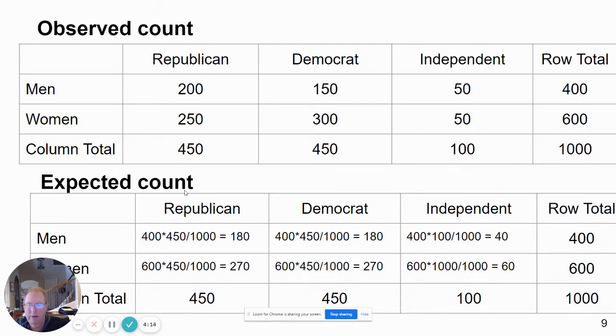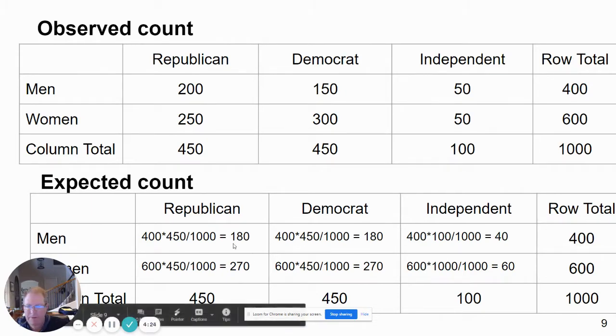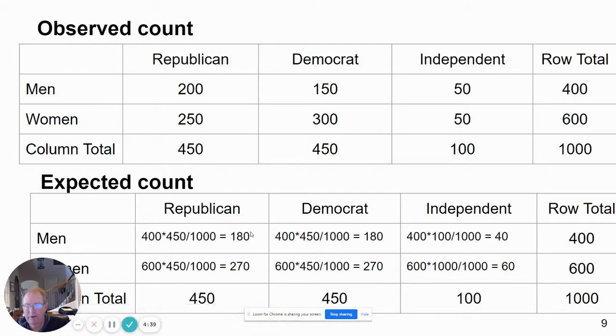So how would you calculate the expected counts for the men who identify as Republicans? Well, I take the row total, that's this 400 over here, times the column total, that's this 450 here, divided by the table total, 1,000. So row total times column total divided by table total gives me 180. My expected count is 180.